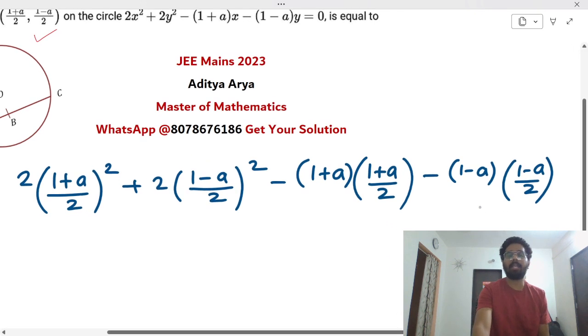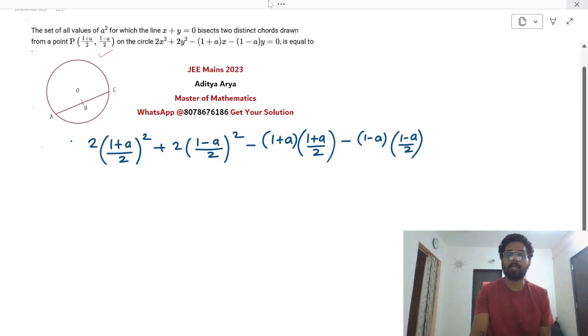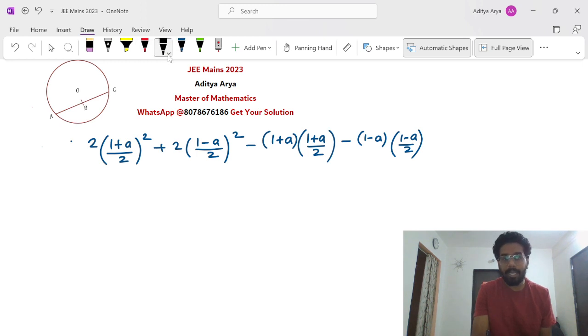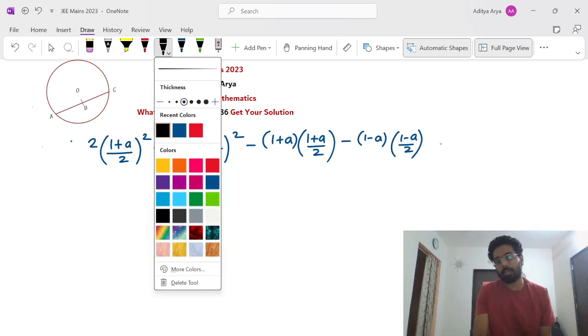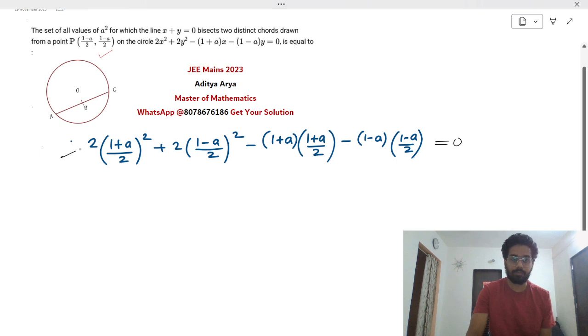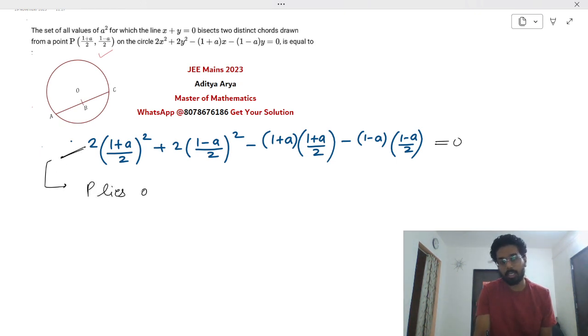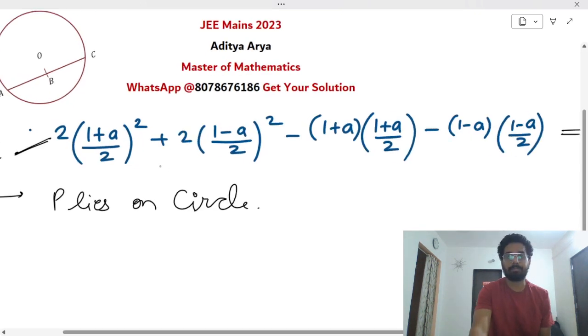Cross-verify and you will have this equal to 0. You can pause the video and calculate this one. I'm leaving this calculation for you. It means P lies on the circle. That's the first part of the question which I wanted to make sure.